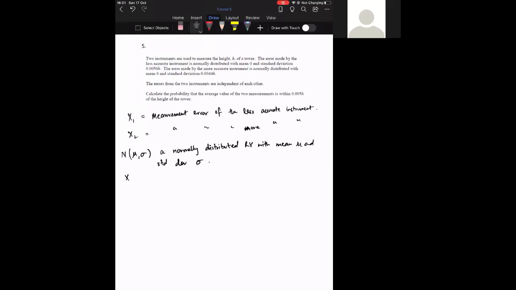Then x1 has a mean of 0 and standard deviation of 0.0056h, and x2 is also normally distributed with mean 0, but standard deviation is now 0.0044h.